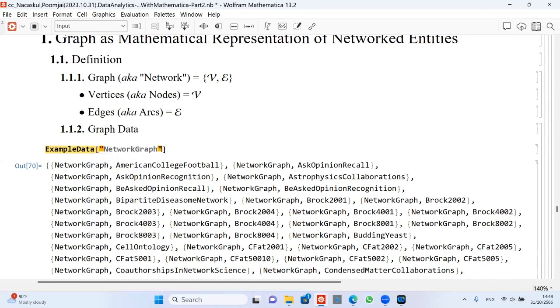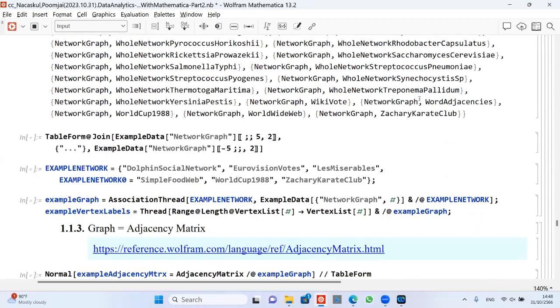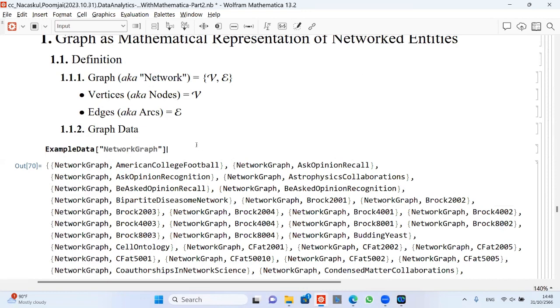And there are how many of them? Starting from American college football all the way down to Zachary Karate Club. By the way, this is one of the earliest social network datasets. Twenty years ago, this would have been used as a good example, but now there are so many of them.